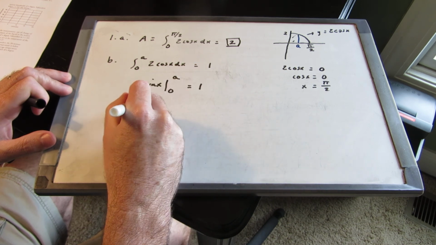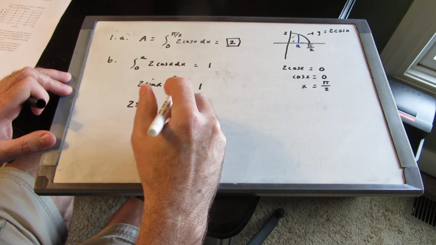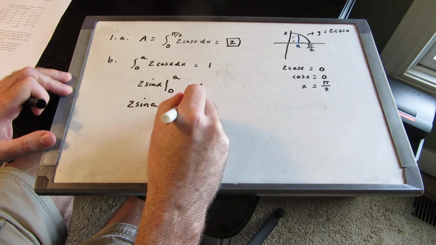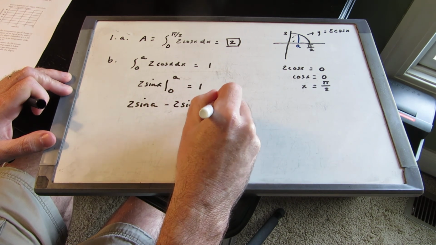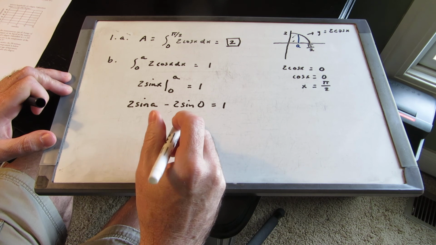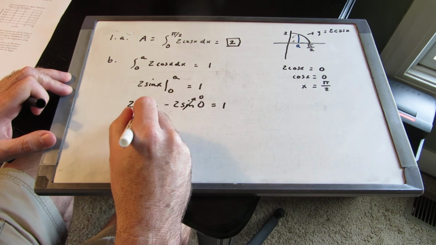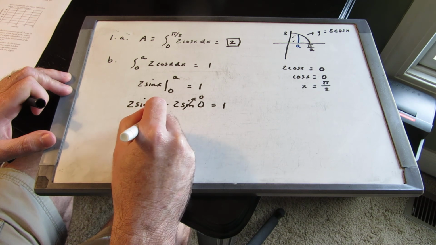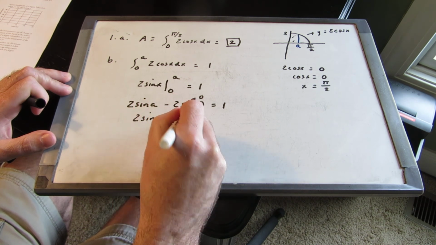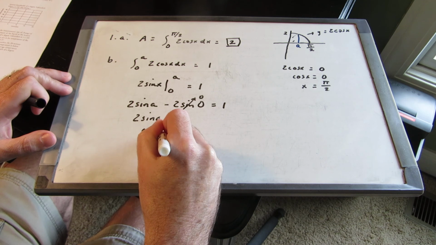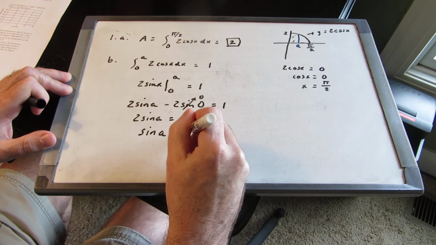So that's 2 sine a minus 2 sine of 0 is equal to 1. Sine of 0 is 0, so we'd have 2 sine a is equal to 1. So sine a is equal to 1/2.